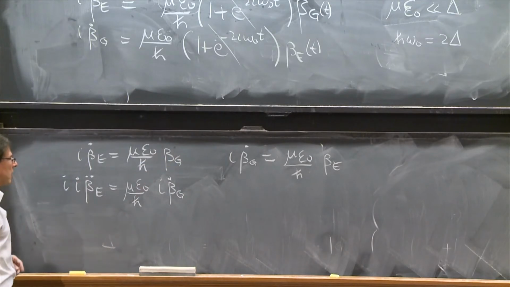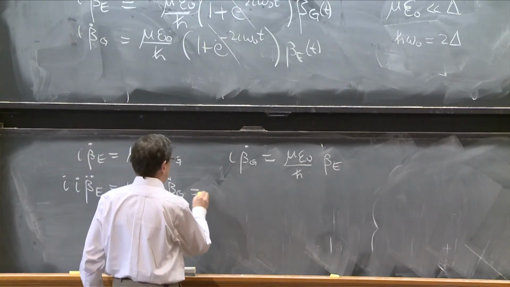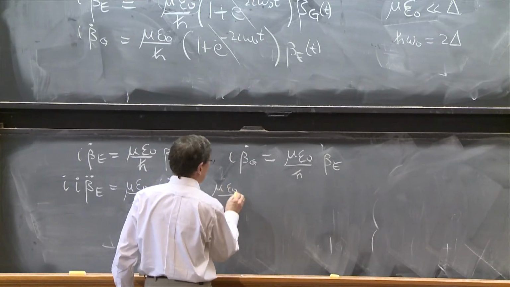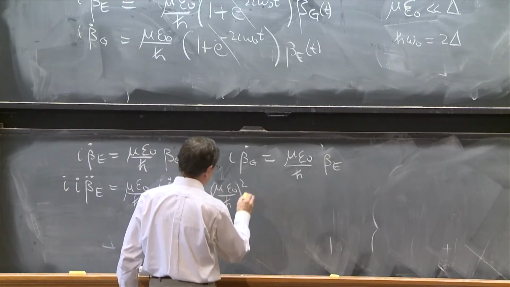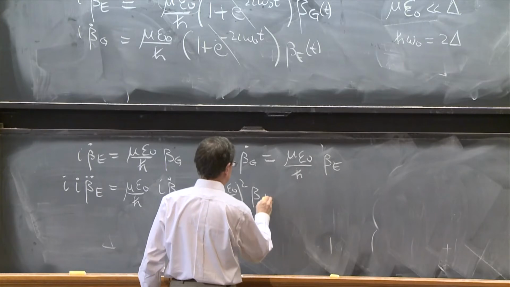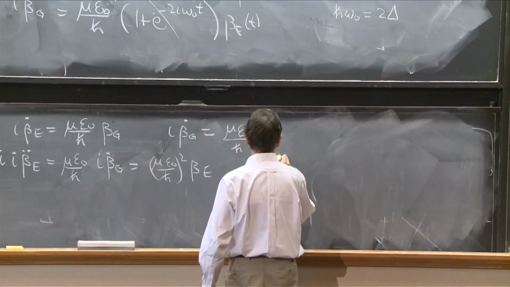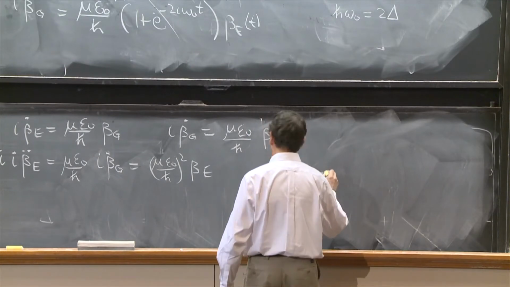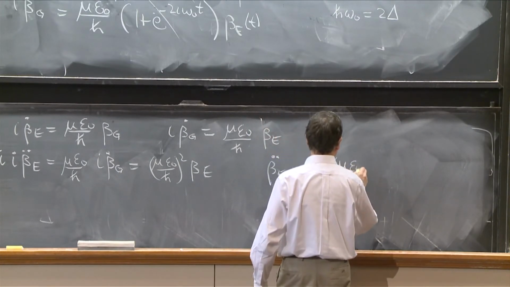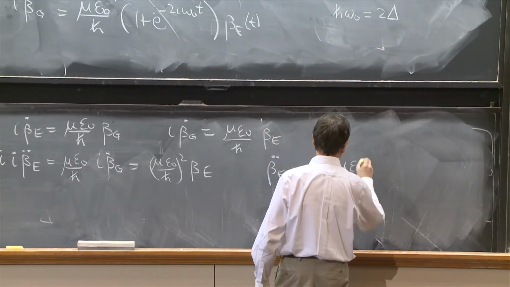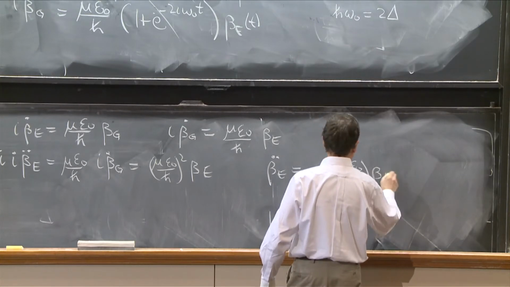You can use the second equation. So you get mu E naught over h bar squared beta E. Therefore, beta E double dot is equal to minus mu E naught over h bar squared beta E.